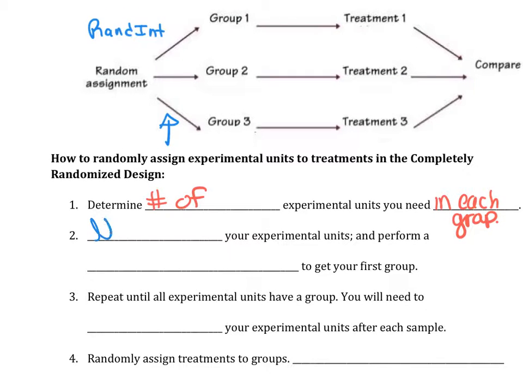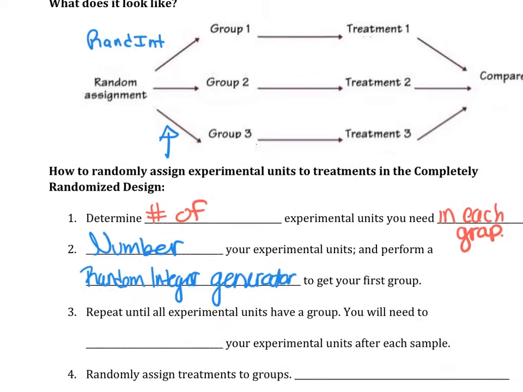Then you're going to number your experimental units and perform a simple random sample, using that random integer generator in your calculator to get your first group.